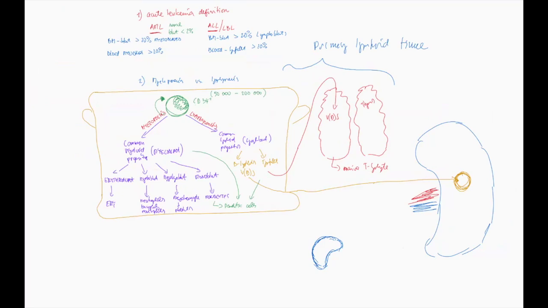So primary tissue is the place where all the lines mature, and with myelopoiesis we don't have a problem because everything matures in the bone marrow. But with lymphopoiesis we have a problem, because the final maturation is done outside the bone marrow. Still, the thymus and bone marrow are taken as primary lymphoid tissue.